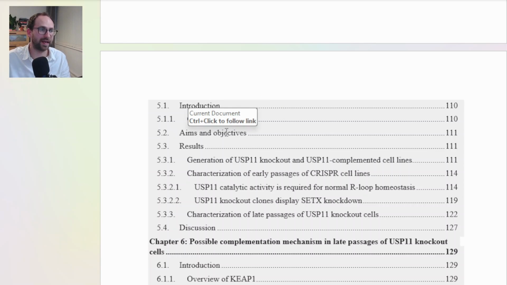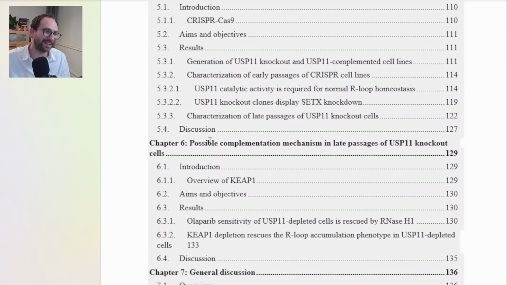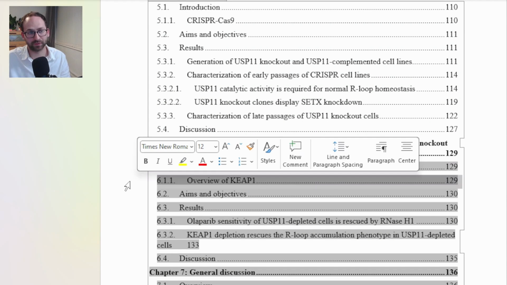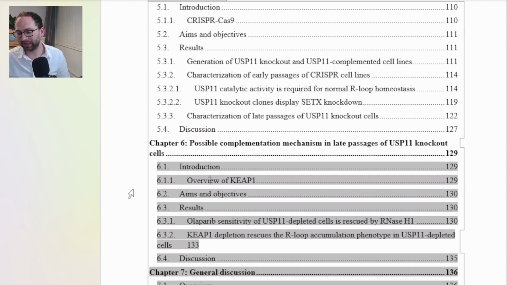And then again, aims and objectives for this chunk of my research, the results I've got, and then discussion, evaluation of these results. And then another results chapter, whose introduction contains an overview of CAP1, which is another protein, right? So we have another seemingly random disconnected protein.